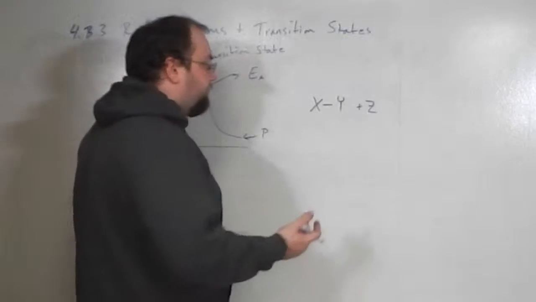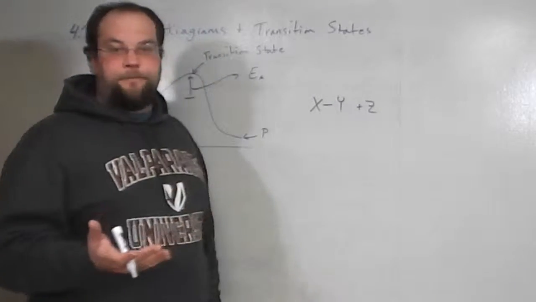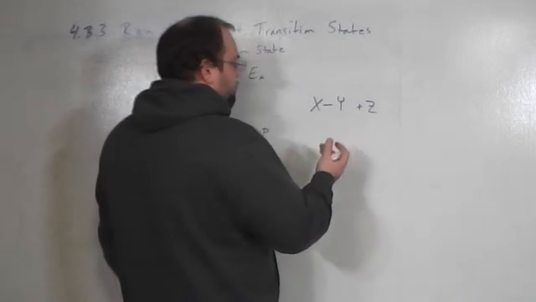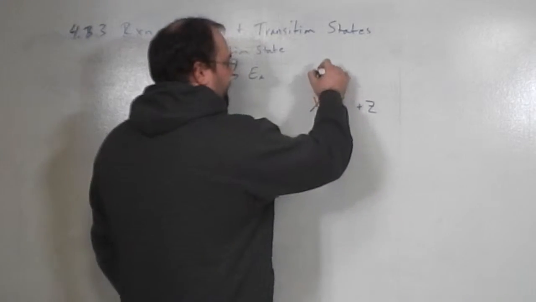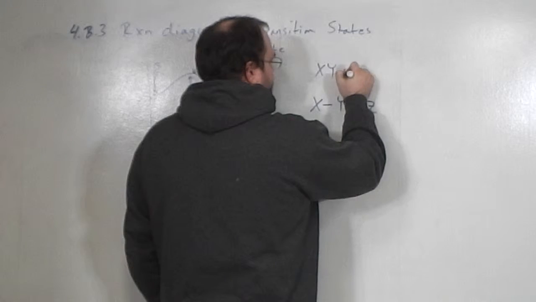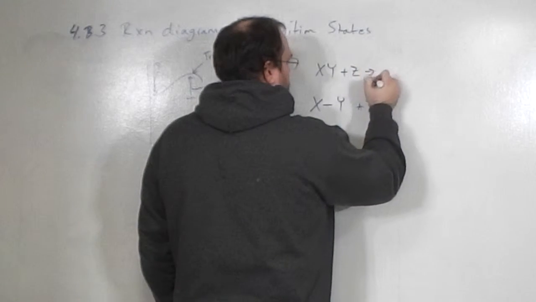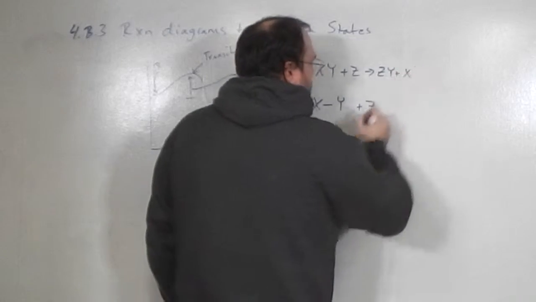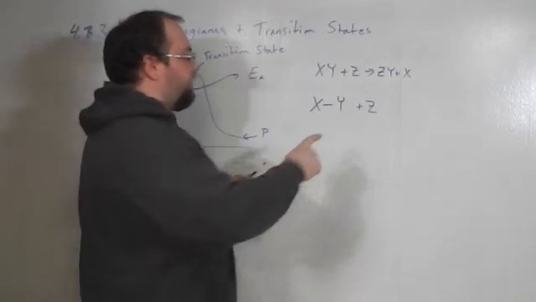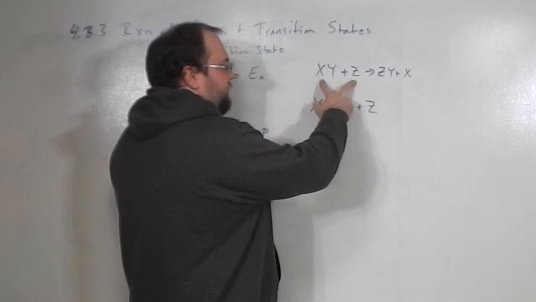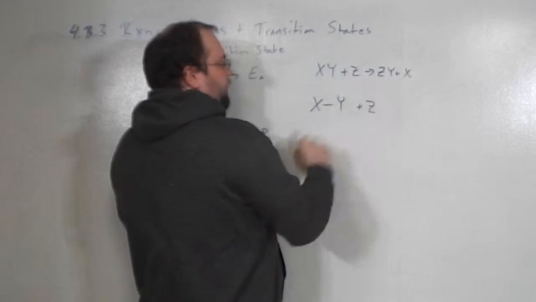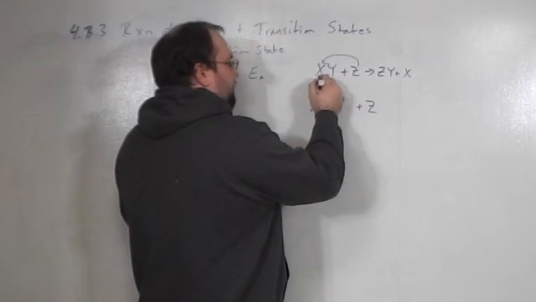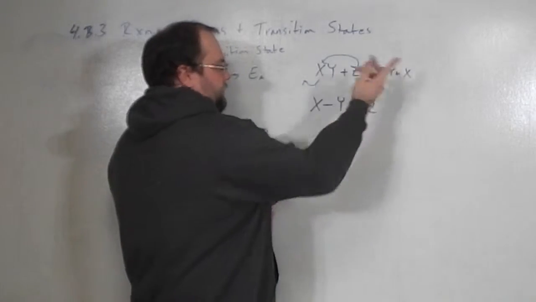So Z is going to take the place of X. So we have X and Y going over to Z. So our overall reaction, I should probably write up here, ZY plus X. So this is our overall reaction. All that's going to happen is X and Z are going to switch places. Z is going to come in here and bump X out. Just see what you have.